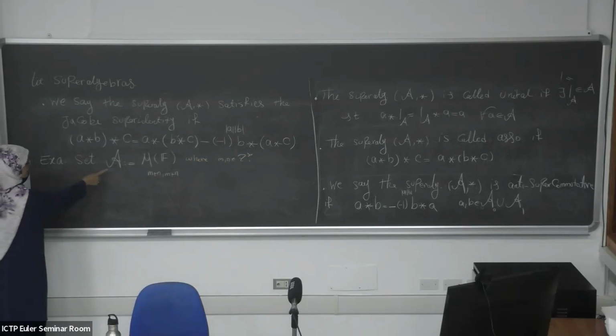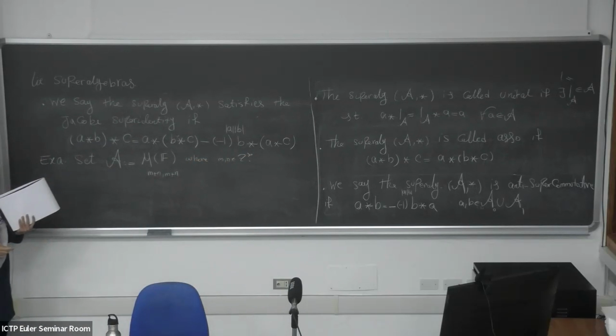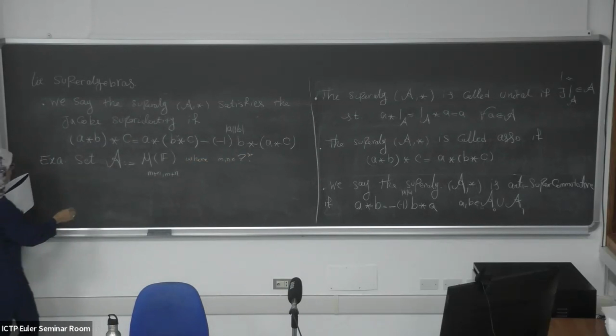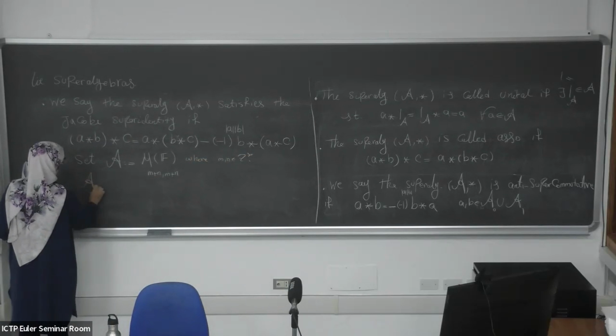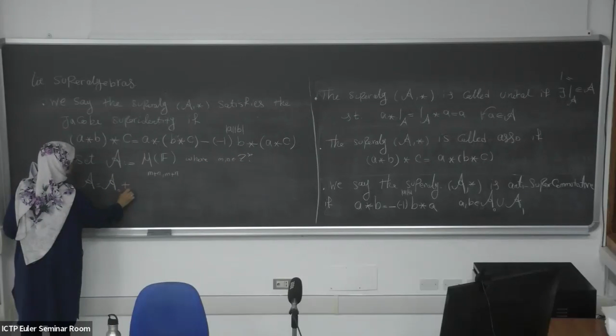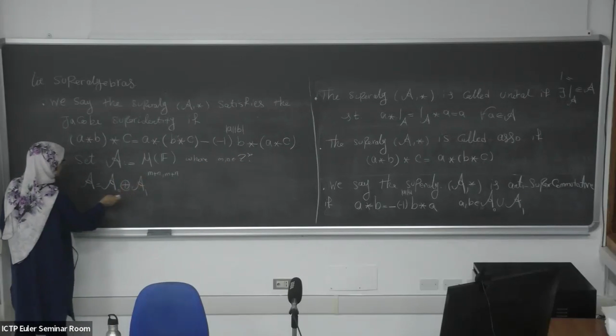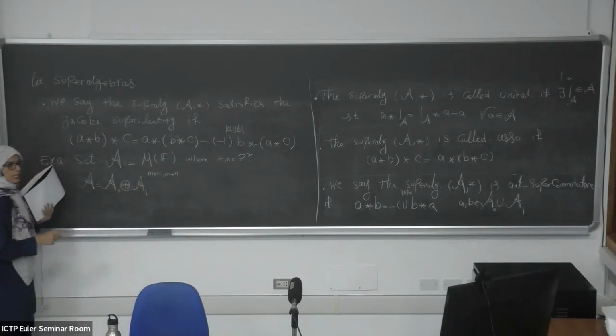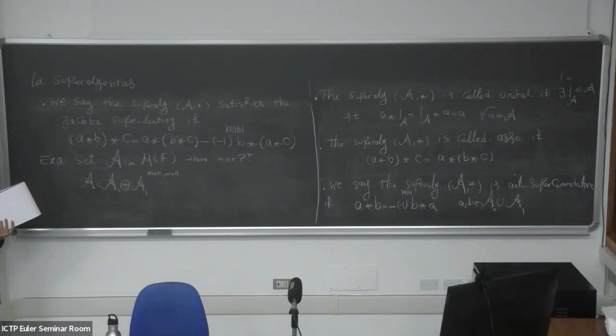And we saw that this A is a superspace. I showed you that A equals A0 direct sum A1, and you remember what A0 and A1 are. I just use the usual matrix product, and with the usual matrix product, it's a unital associative superalgebra.